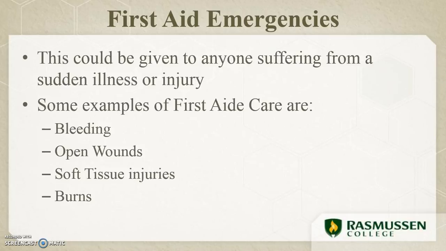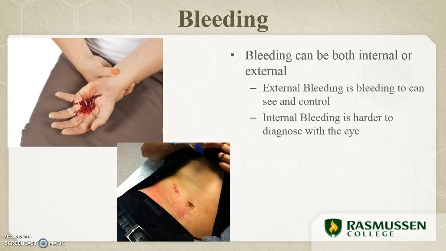Some situations that you may offer first aid care to are patients who are bleeding, have open wounds, soft tissue injuries, or burns. So we're going to take a few minutes and look at all of those a little bit further and have a little more discussion on them. We're going to start talking about bleeding.